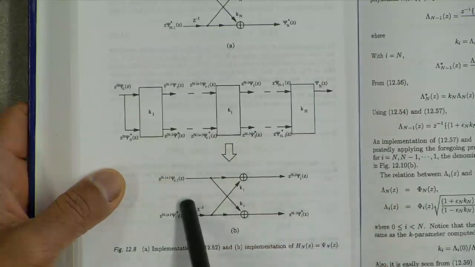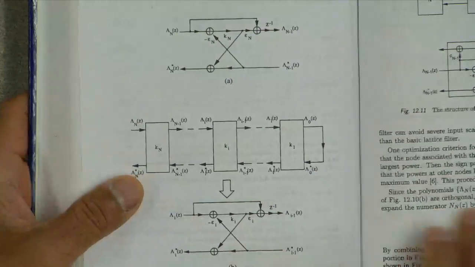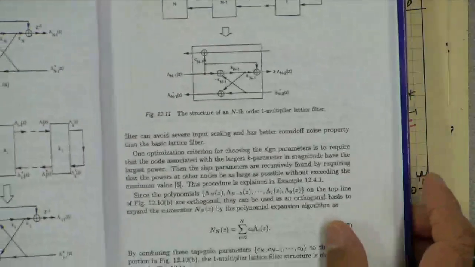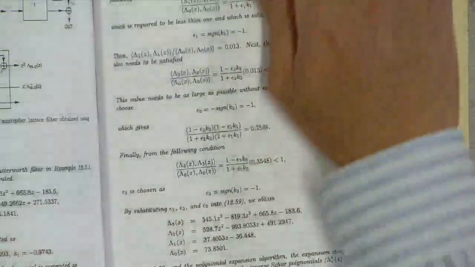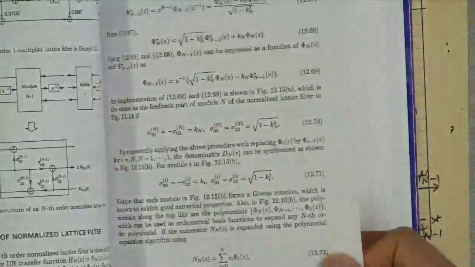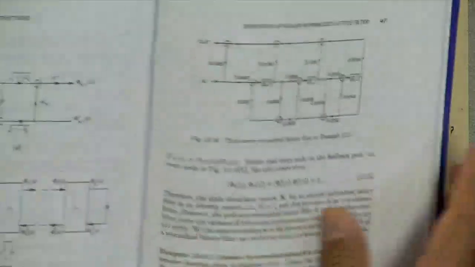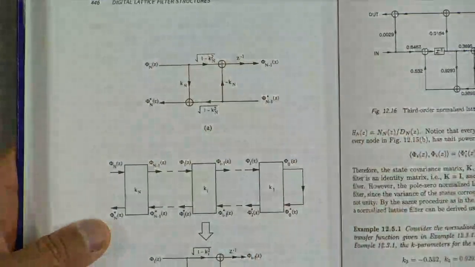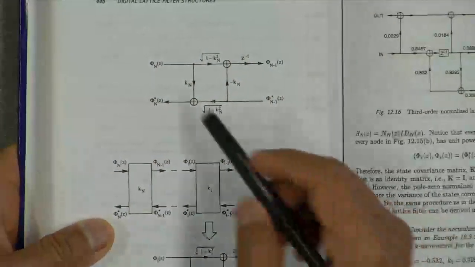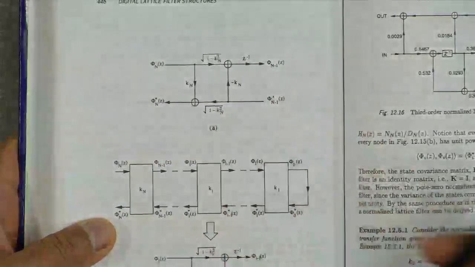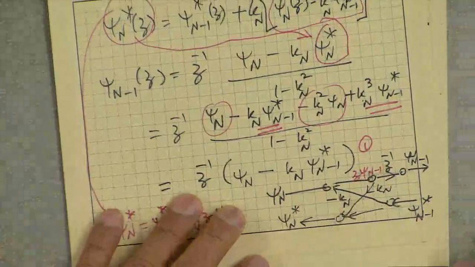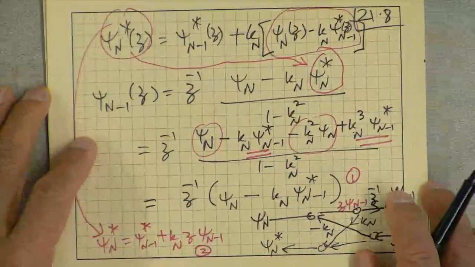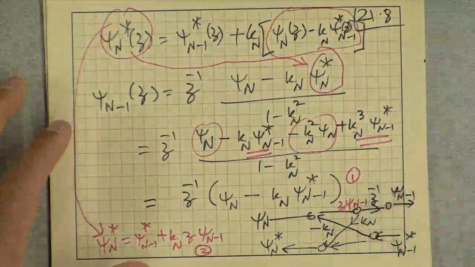So we'll derive that box, and then we'll talk about the normalized lattice, which looks slightly different. We will derive the normalized lattice where the box looks like this. There are 4 multipliers per stage as opposed to 2 multipliers per stage. Okay, I will stop now, and we will continue this next class.